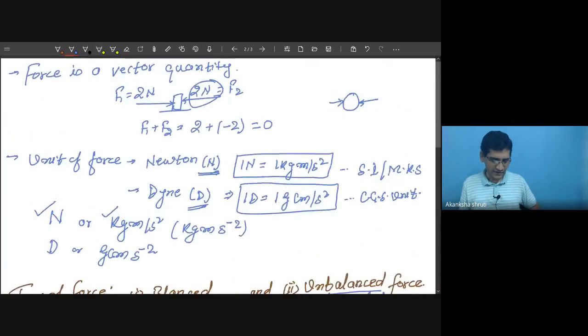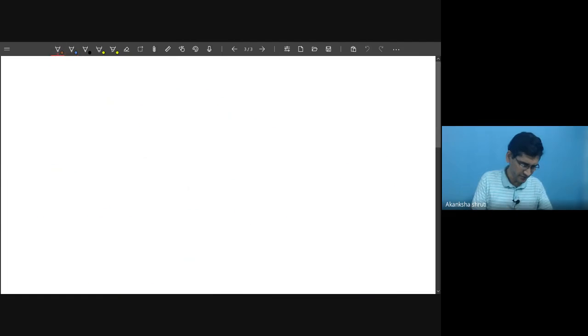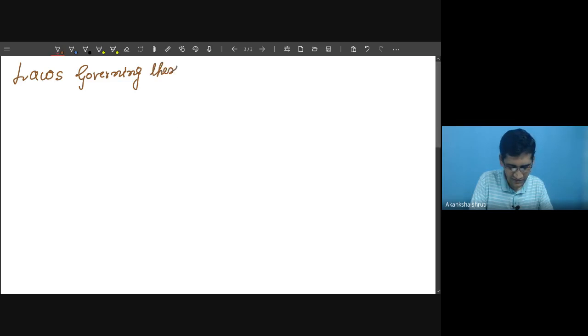So that is about our force. Now, what are the laws governing these forces? Laws mean the physics rules governing these forces, by which we are able to understand about the force.